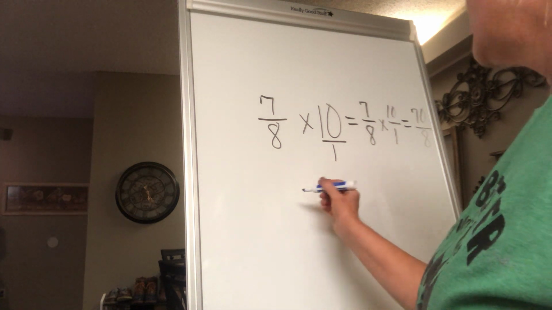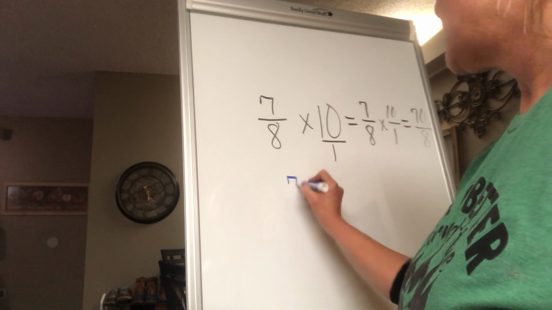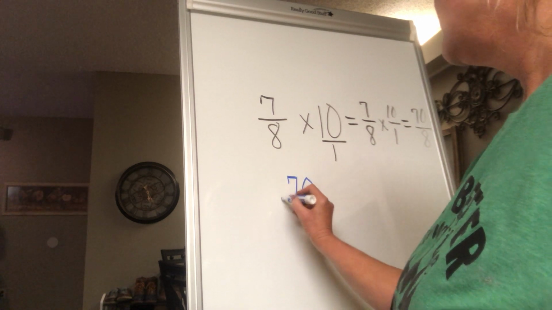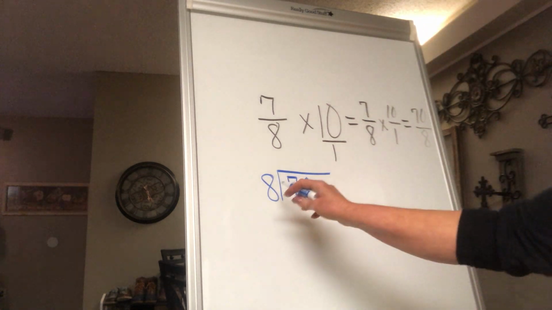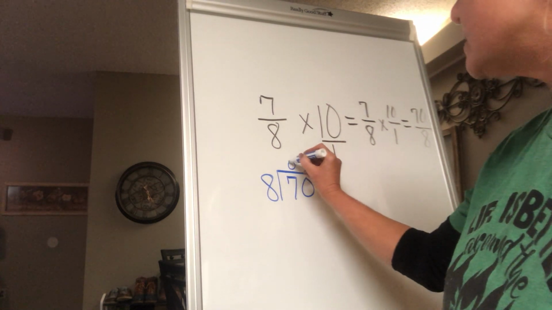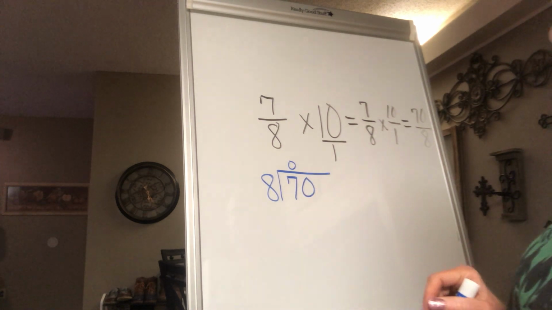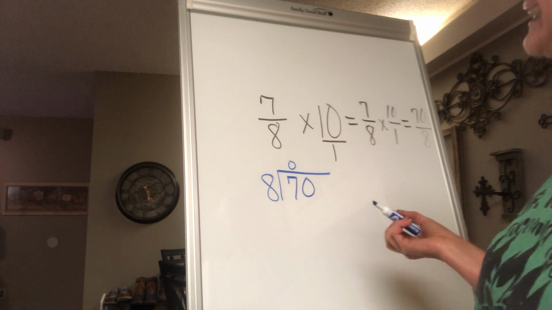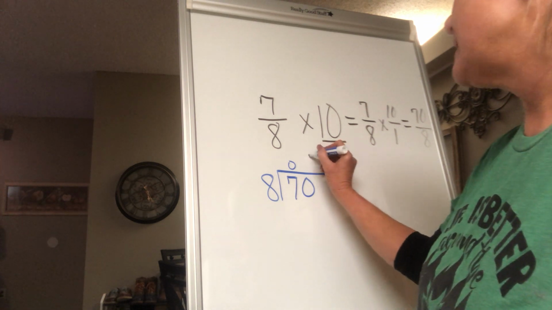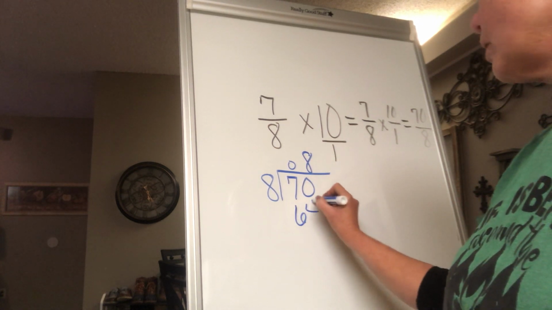So if I go to the side and do the math, just like I would read top to bottom, 70 divided by 8. 8 won't go into 7, so I placeholder 0. 8 goes into 70, I think 8 times. 8 times 8 is 64.